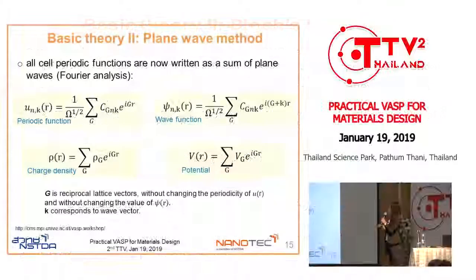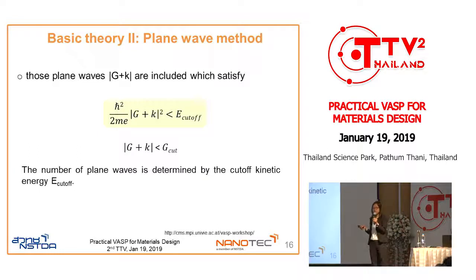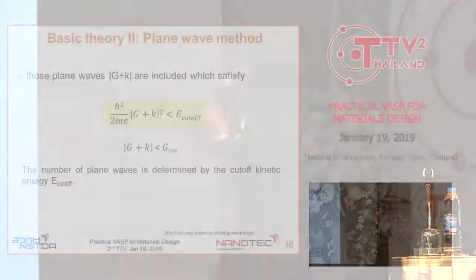And also, all periodic functions, beside the wave function, the charge density and potential, are also represented in the form of plane waves. And ideally, there are an infinite number of plane waves, but in reality, when we do calculations, we have to specify the number of plane waves because we have to weigh the accuracy and computational time.